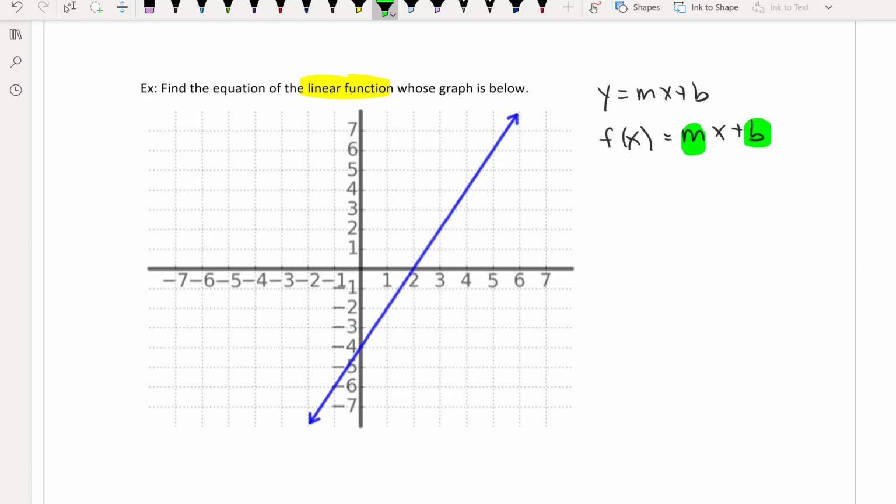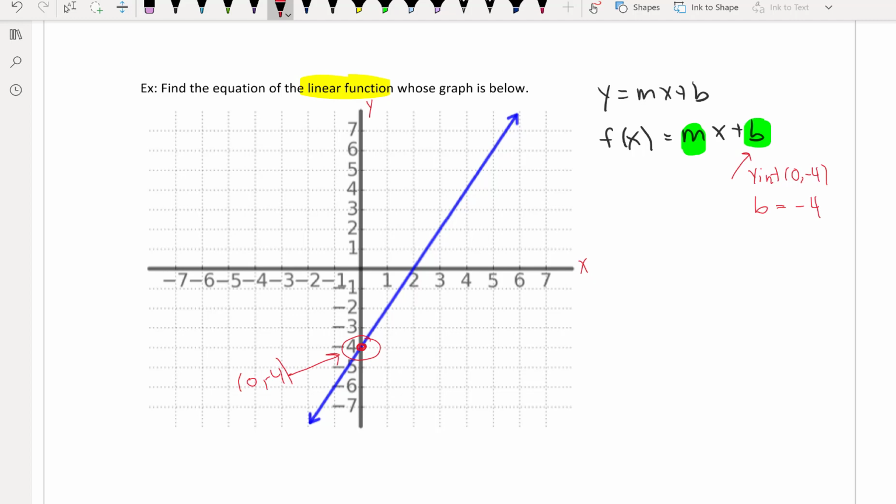So remember, our b value is going to represent our y-intercept. Our y-intercept, well, here's y and here's x. Our y-intercept is right there. That ordered pair is going to be 0, -4. So that tells us that the b value is equal to -4.